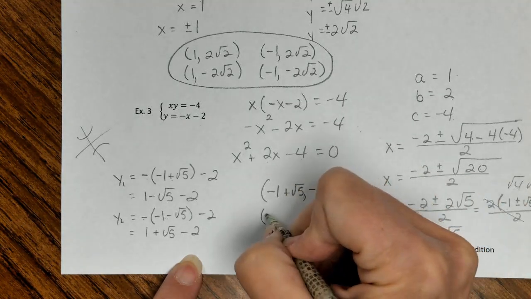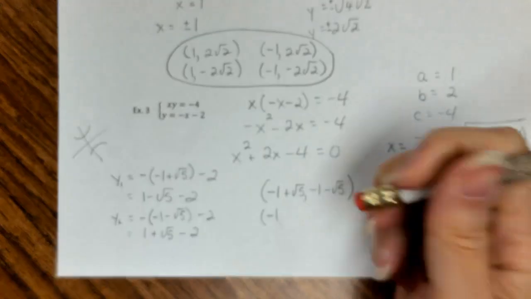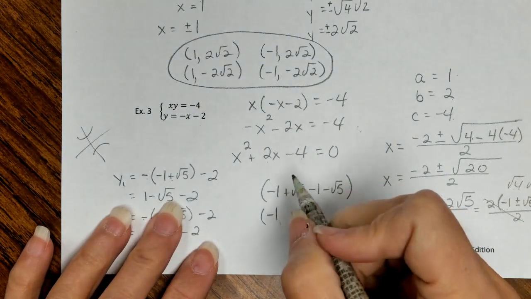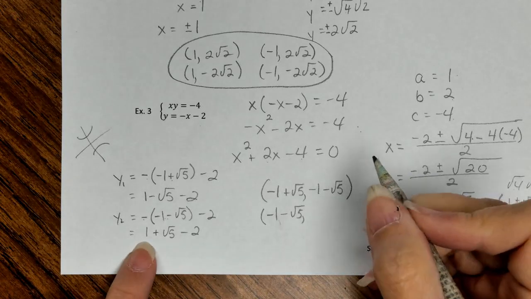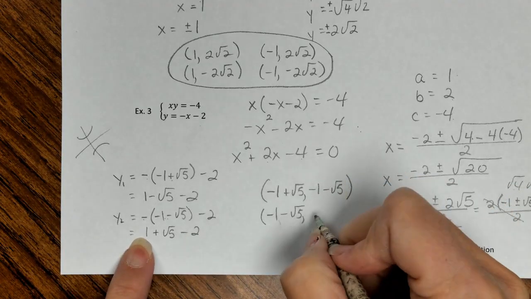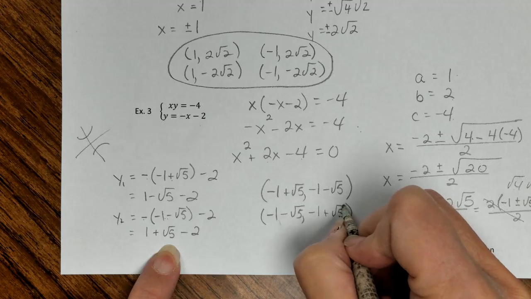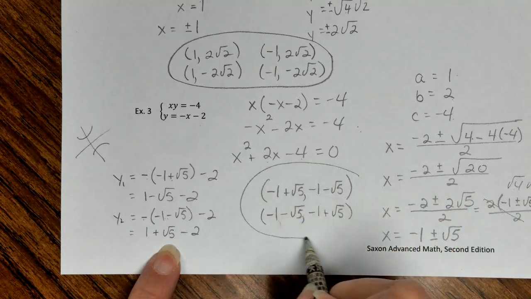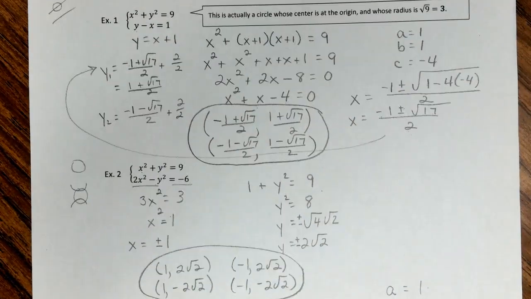So for that x, which was negative 1 minus root 5, I got negative 1 plus root 5. 2 answers. Fun stuff. But we're moving on to the next section now, which is factoring exponentials.